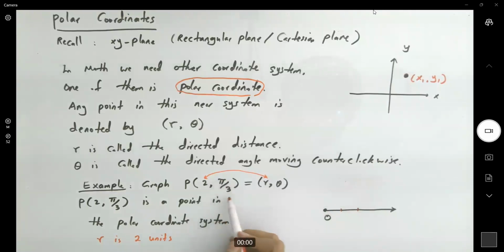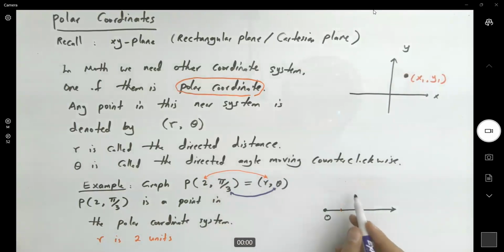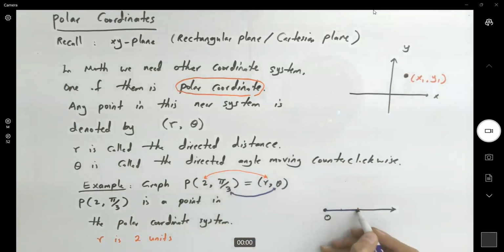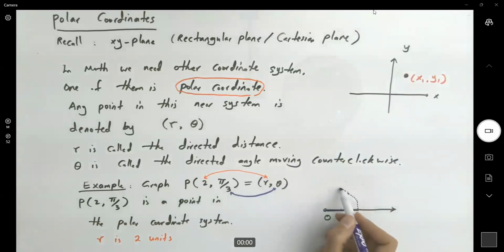Now, the angle associated is pi over 3. It means that I need to take these 2 units and rotate counterclockwise by pi over 3. So whatever this initial position is, I'm going to take this and rotate it pi over 3 counterclockwise.